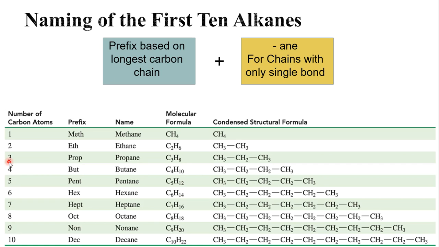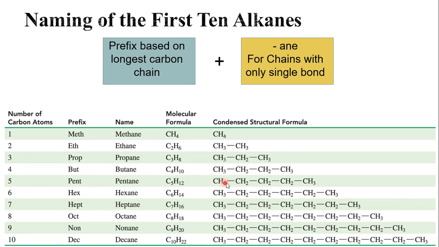Certainly something I would suspect that you guys have available to you as you're working through this chapter. So if there's only one carbon in the chain, the prefix is going to be meth. So this is methane. And then we just work our way down. So if there's 5 carbons in the chain, that would be the prefix pent. And as long as they're all single bonds, it would end in A-N-E, pentane.